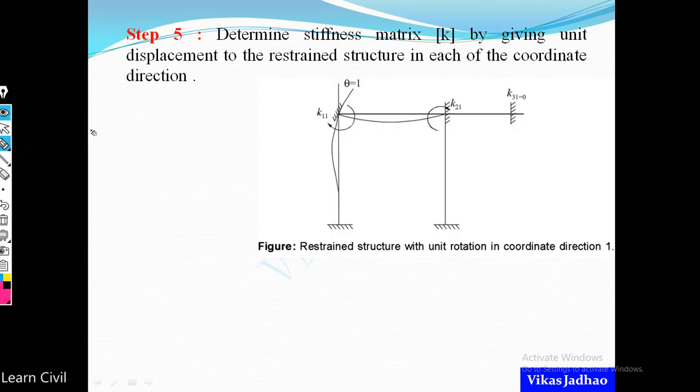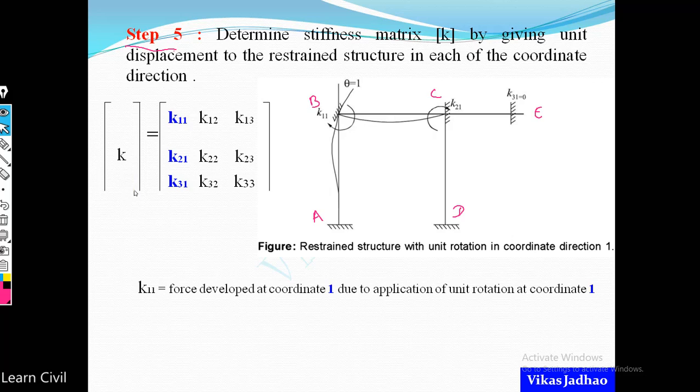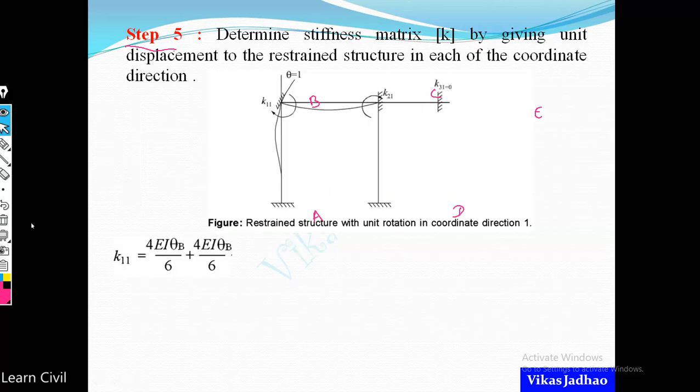So in step A of this step 5, we'll be applying theta B. We have A here, B, C, D and E. We'll be applying theta B equal to 1, that is unit rotation here, and we'll find out K11.